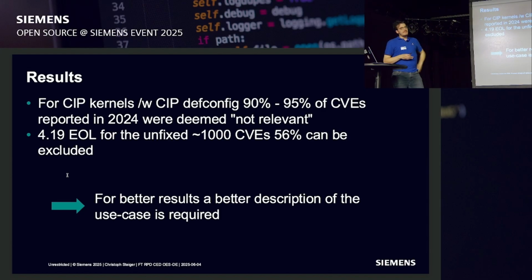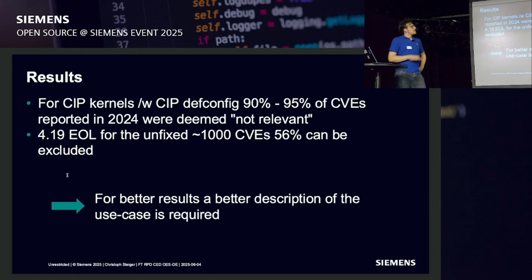It took all the CVEs from the year 2024, which is like 7,000 or something, and used a CIP dev config, which is a configuration where all the members of the CIP project put in their use case, they describe what they need. It gets merged into one big configuration.